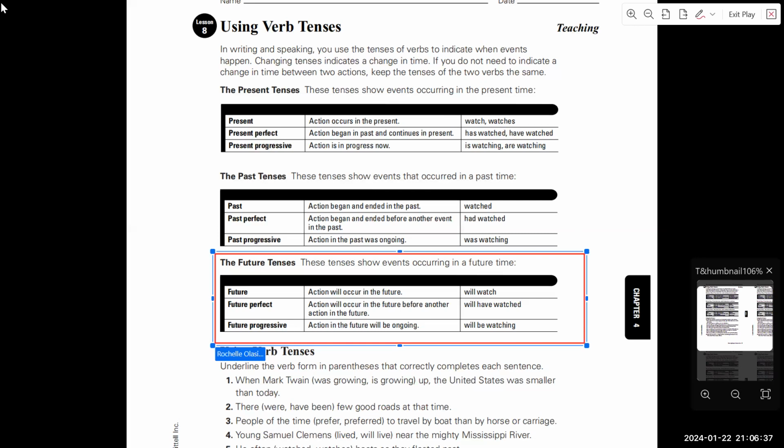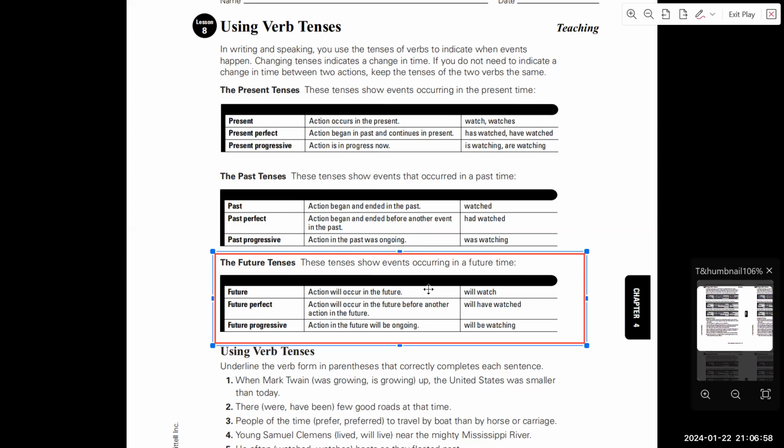And the last one, future progressive: action in the future will be ongoing. So those will be watching. It's still going to happen and it's an ongoing thing. If it will happen in the future, it will be ongoing.